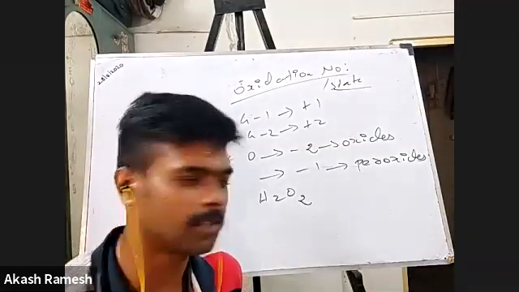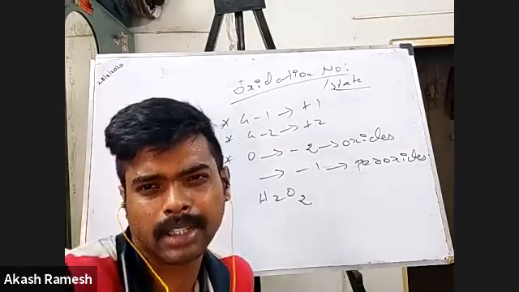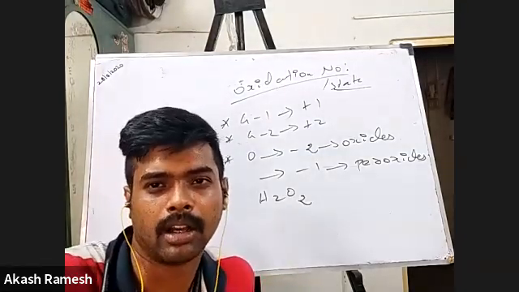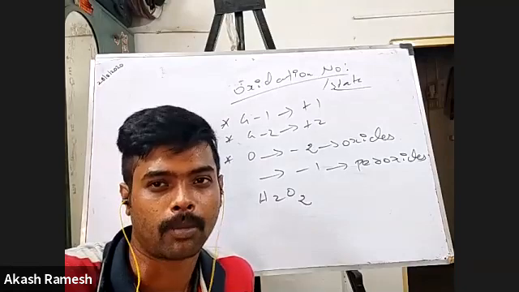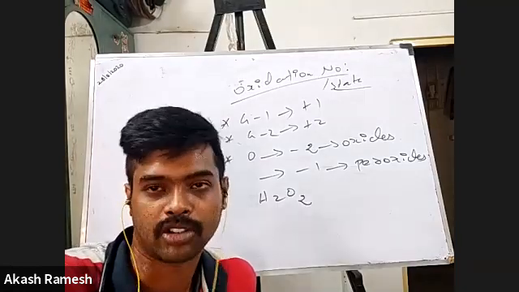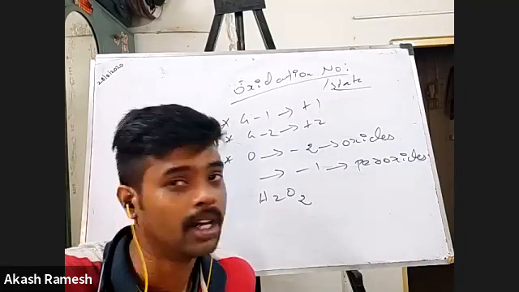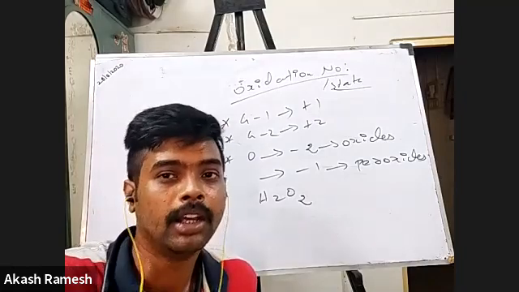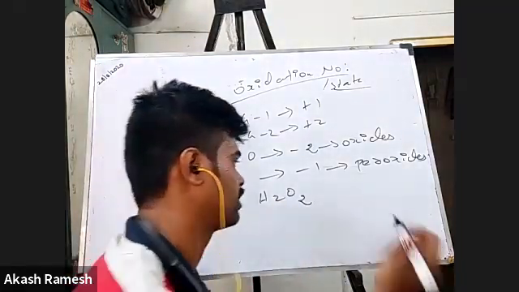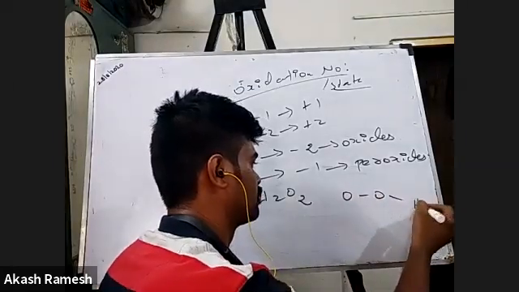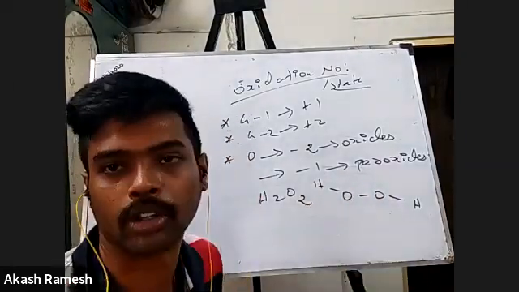Now, how will you understand just by looking at the molecule? It's pretty difficult to understand whether it's a peroxide or a normal oxide. You have to know the structure of the molecule. If you look at this structure, it will be like this. This is how H2O2 is going to look.